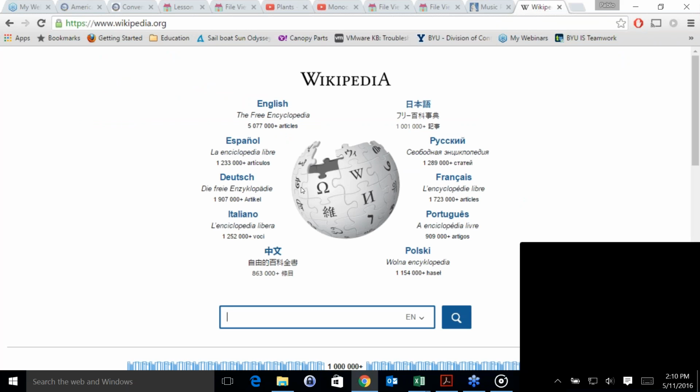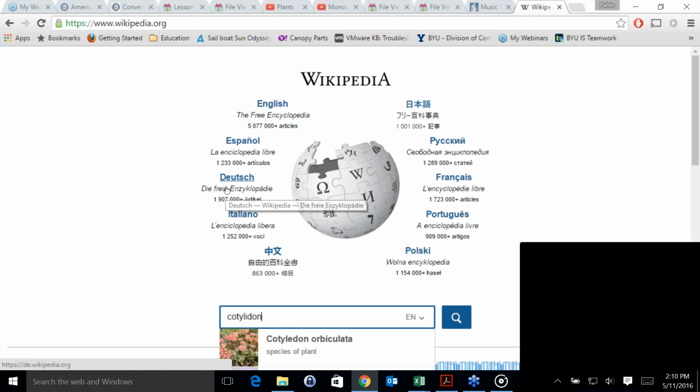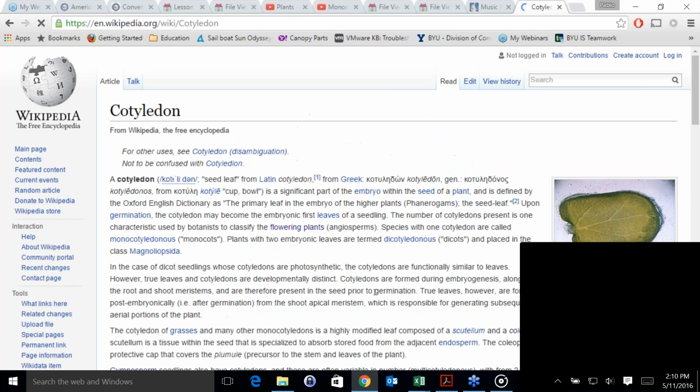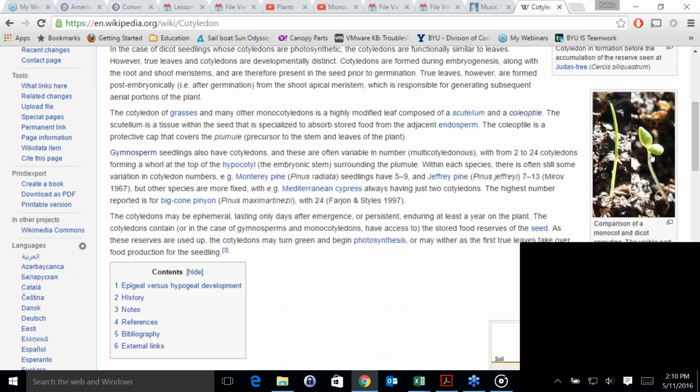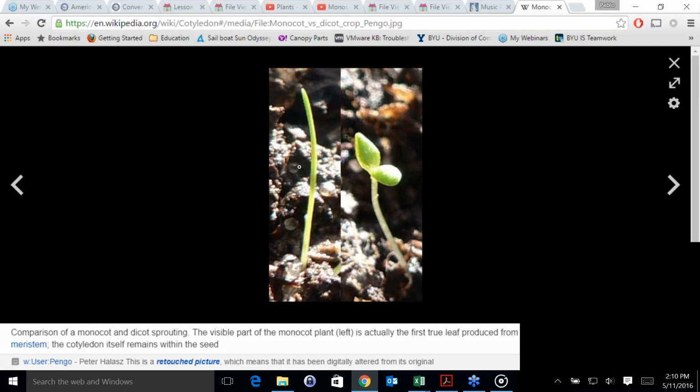So let's go to our trusty Wikipedia. Here the cotyledon also shows itself when the seed starts growing.